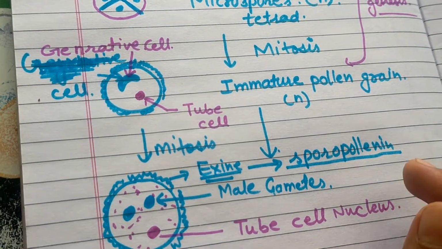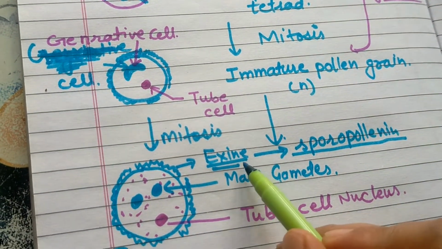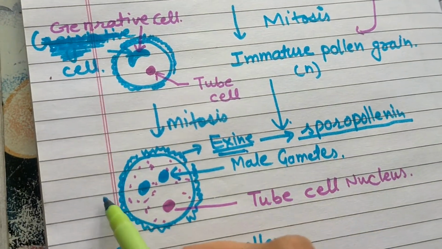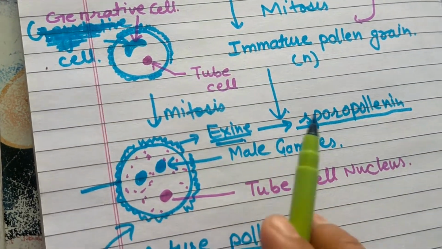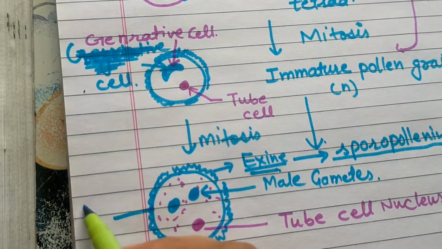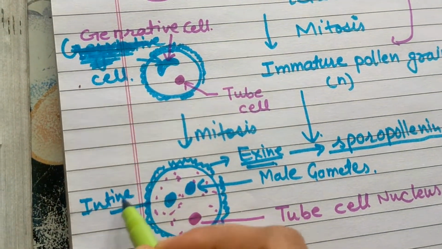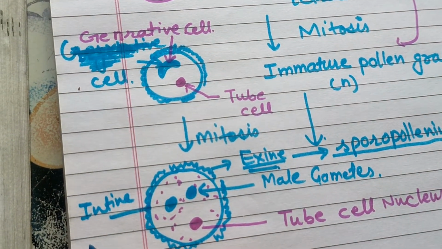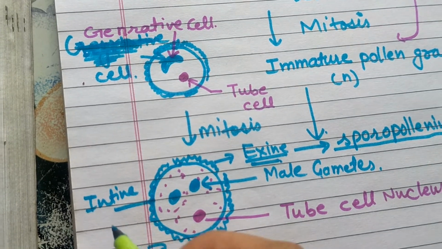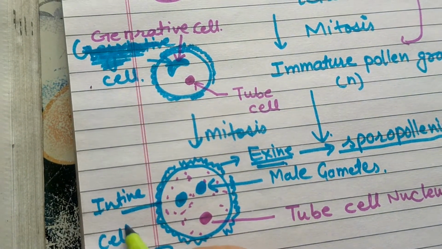So this is a very hard outermost layer, the exine, and then the inner one is the intine, which is made up of cellulose and pectin.